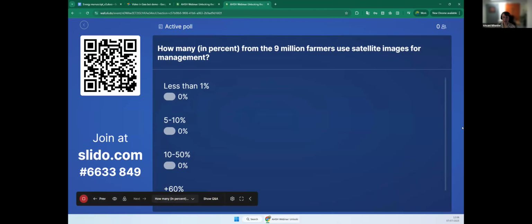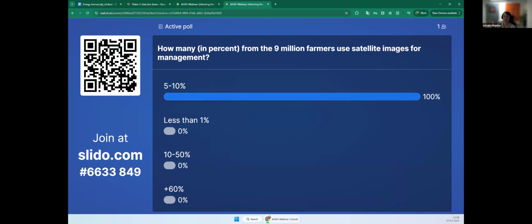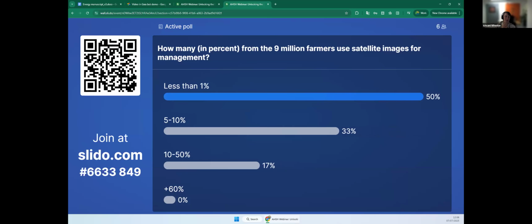Okay. Last question. In your opinion, how many in percent from the 9 million farmers, forestry, landholder people use satellite images for management in any which way? How many do you think?